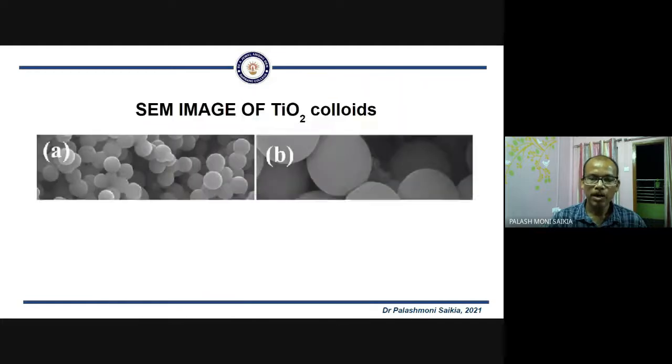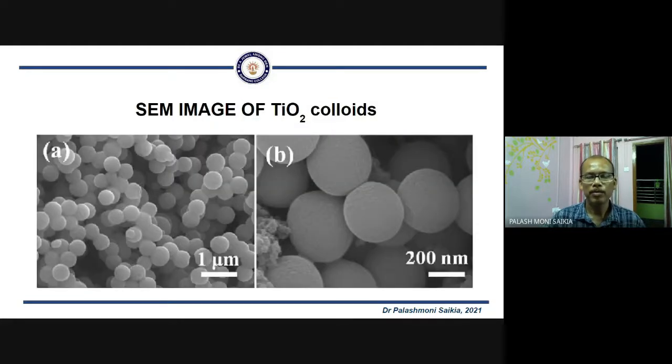And finally, with another slide, if I try to move to my topic. So when we really take the photograph of the colloid, they look like this. This is the scanning electron microscope image of titanium oxide colloid at two different particle sizes, 1 micrometer and 200 nanometer.